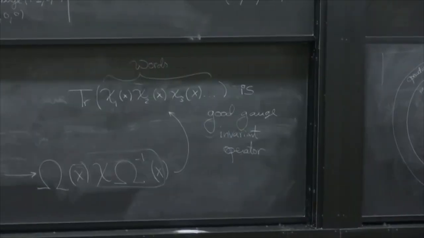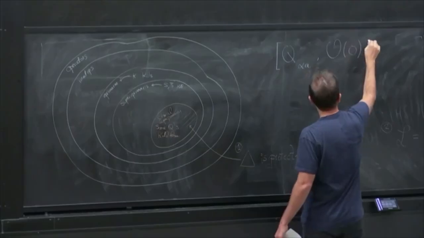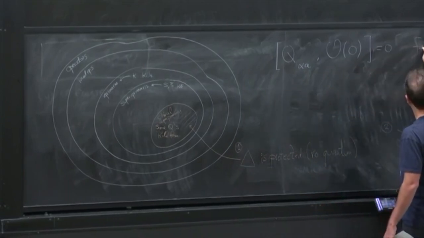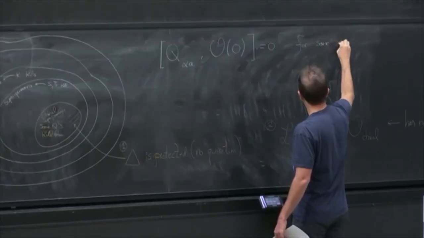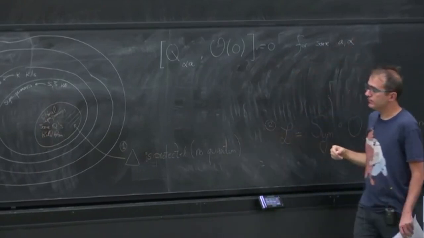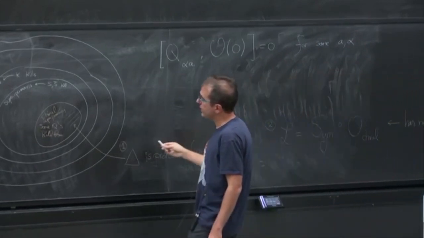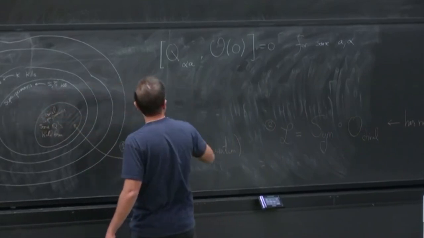So let's start with writing the condition. We want that Q alpha A acting on our operator O at the origin is equal to 0, for some A and alpha, or some charge. And in particular, because the operator is a superprimary, it's killed by S and S bar.